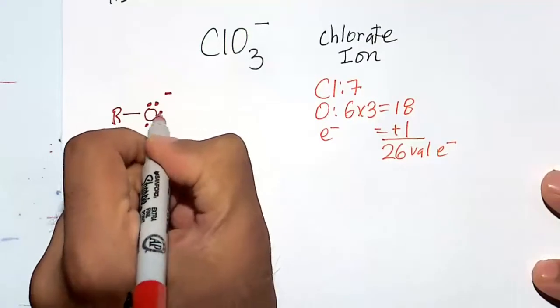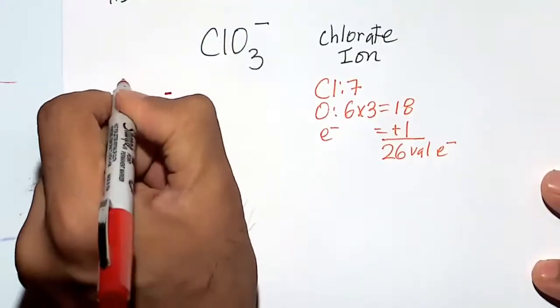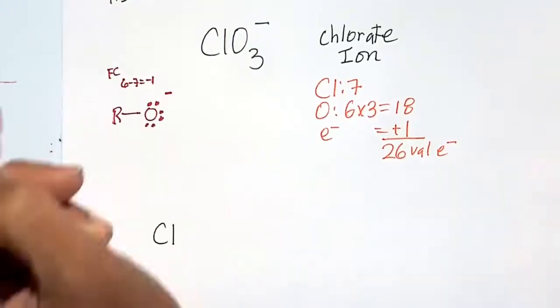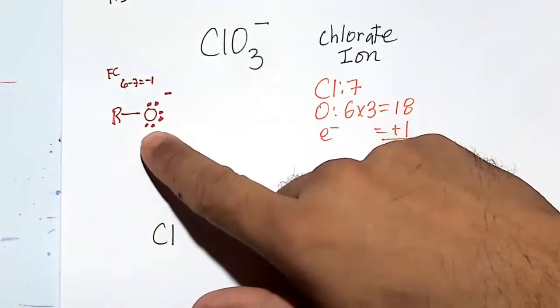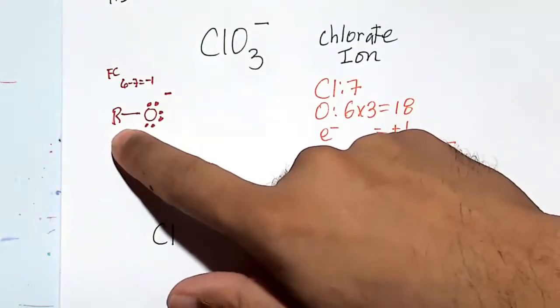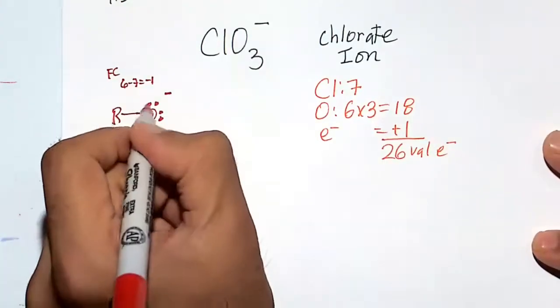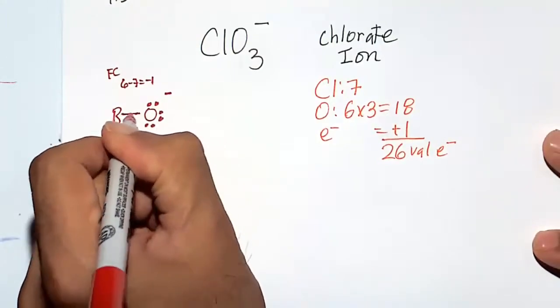Remember, 1, 2, 3, 4, 5, 6, 7. Oxygen is happy at 6. 6 minus 7 is minus 1. So that is the formal charge of a single bond substituent to an oxygen atom. So forget about the R, just focus on the oxygen. This also satisfies the octet, right? 1, 2, 3, 4, 5, 6, 7, and 8.